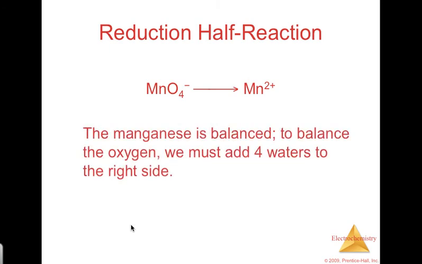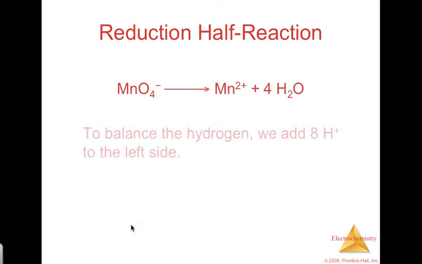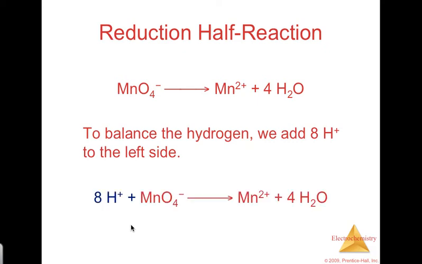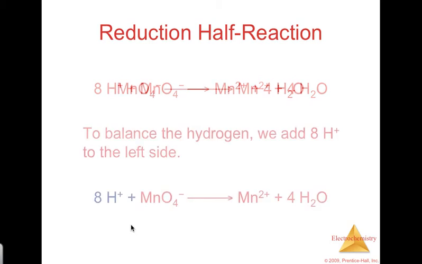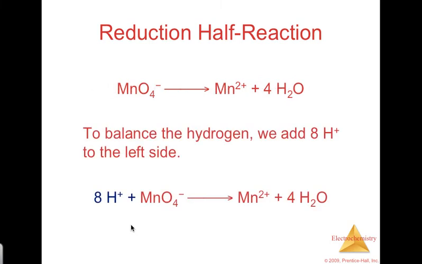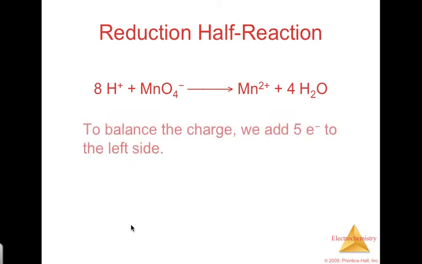The manganese here is balanced, but the oxygen is not, so we add 4 waters to the side that is deficient in oxygen atoms. Now I've got to balance the hydrogen, so we're going to add 8 H+ to the reactant side to balance that out. Now we're going to look at the charge.